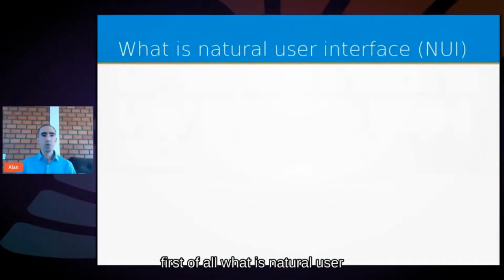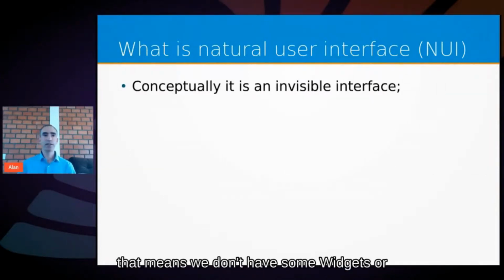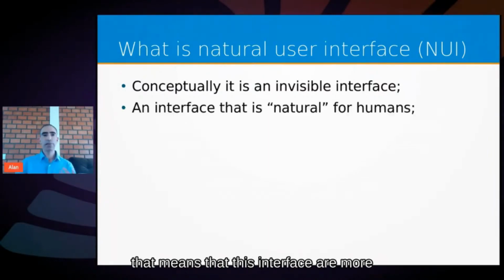First of all, what is natural user interface? Conceptually, it's an invisible interface. That means we don't have some widget or physical button that the user will press or interact with. It is more natural, meaning these interfaces are more natural for human beings.